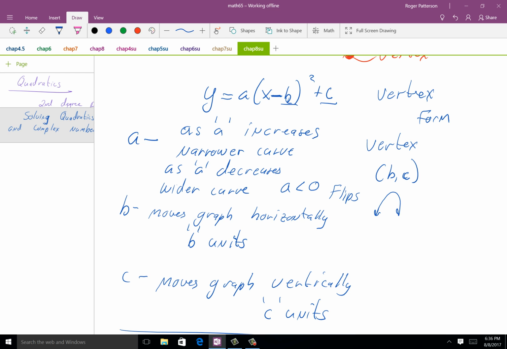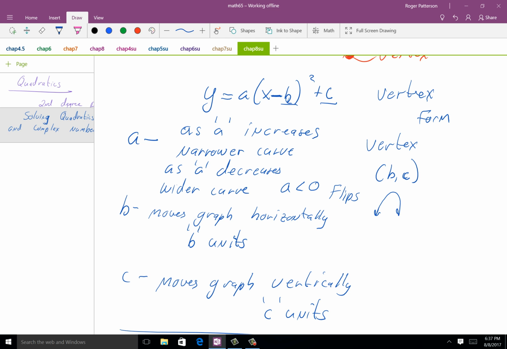If this is x plus 4, then that means this b would have to be a negative number in order for that to work. So if you have y equals x plus 4, remember that it's x minus b. The only way that can happen is for b to be a negative 4, because you have an x minus negative 4 squared, and then it goes to negative plus.